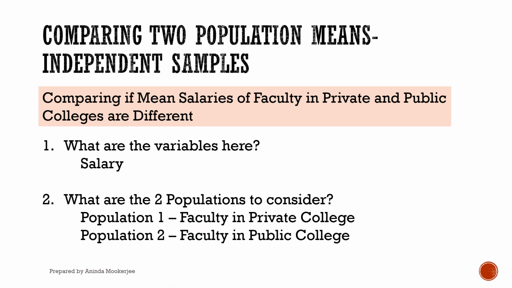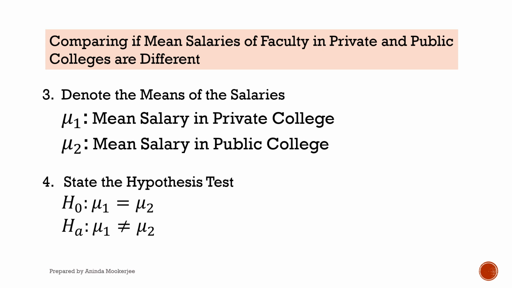For the next question, they ask us to denote the means of the salaries. So mu sub 1, which is the population mean, would be the mean salary in private college, and mu sub 2 would be the mean salary in public college, and correspondingly x bar sub 1 would be the sample mean for the private colleges, and x bar sub 2 will be the corresponding sample mean for public college, and then there will be s sub 1 and s sub 2, and therefore n sub 1 and n sub 2.